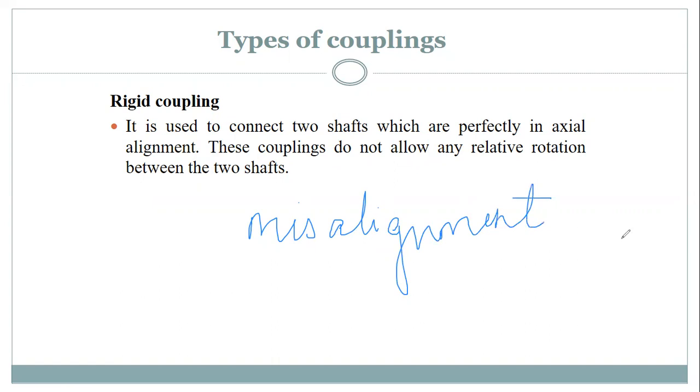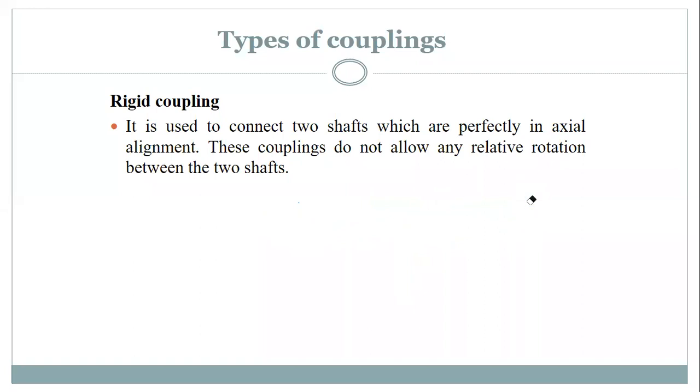They are very rigid. What is the condition? The condition is that the two shafts should be in perfectly axial alignment. These couplings do not allow any relative rotation between the two shafts.